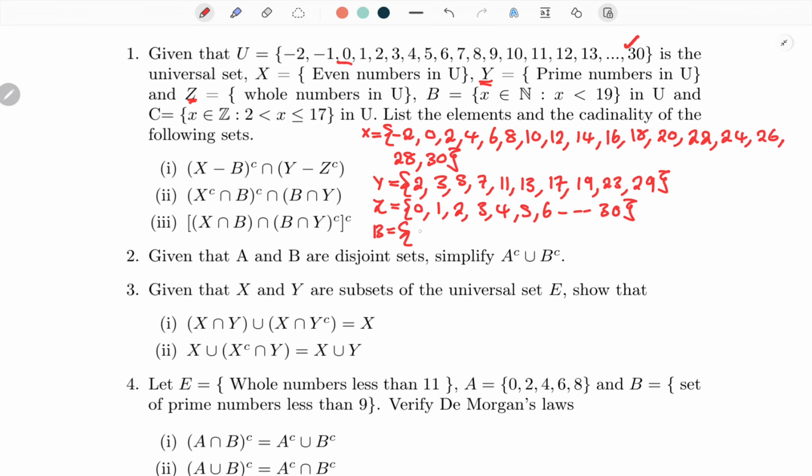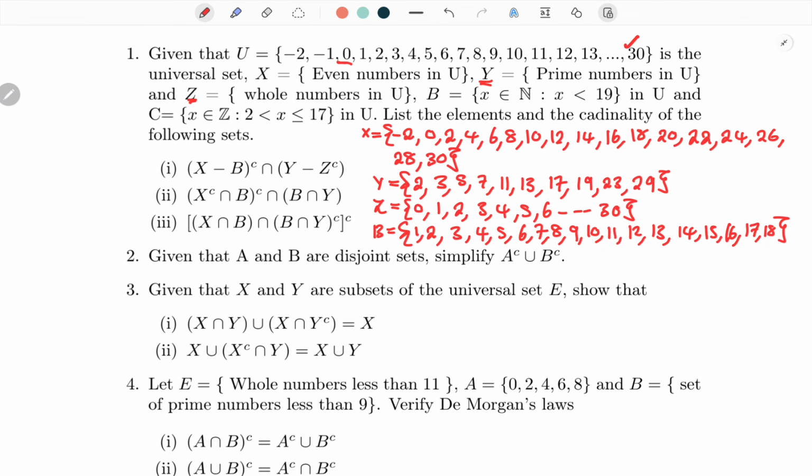So set B is going to start from 1, 2, 3, 4, 5, 6, 7, 8, 9, 10, 11, 12, 13, 14, 15. They're saying it must be less than 19. 15, 16, 17, 18. So it's going to go up to 18, right? So set B is going to end on 18.